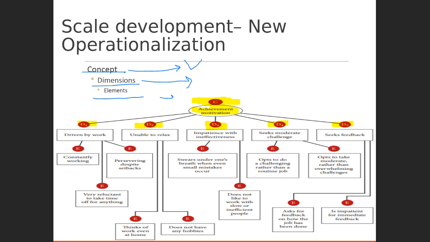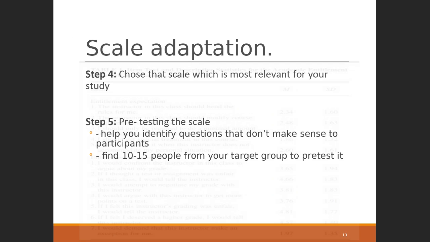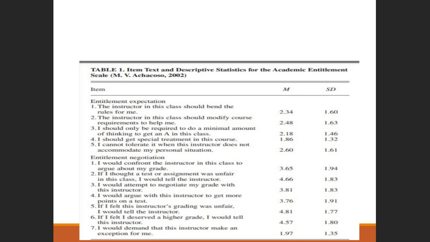For instance, if we go to this slide, the concept is academic entitlement. The dimensions are these 2 broad factors: entitlement expectations and entitlement negotiation. And items are these particular questions.